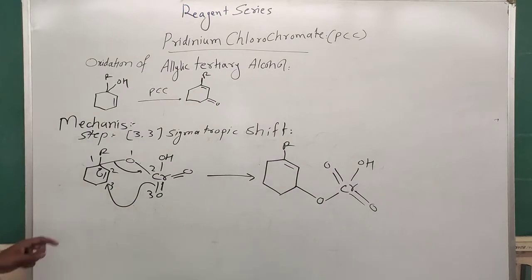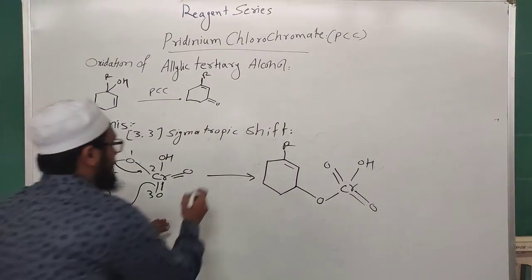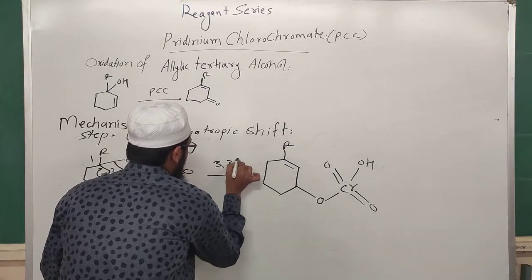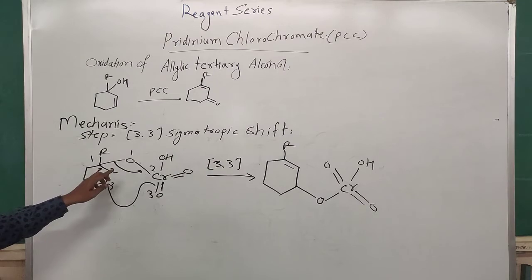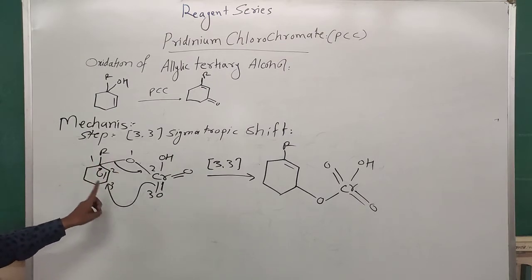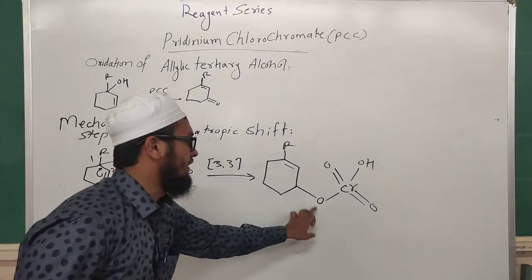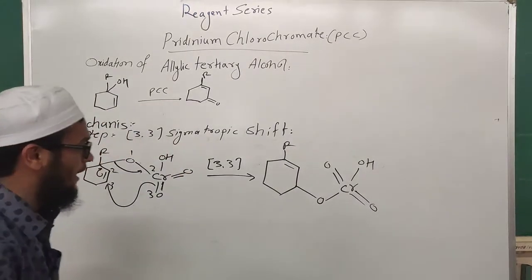This is the 3,3 sigmatropic shift. What happened here, my dear brother and sister? The bond at position 1 breaks, and the new bond formation takes place between 3 and 3. Now look at here, this 3,3 bond formation has taken place.